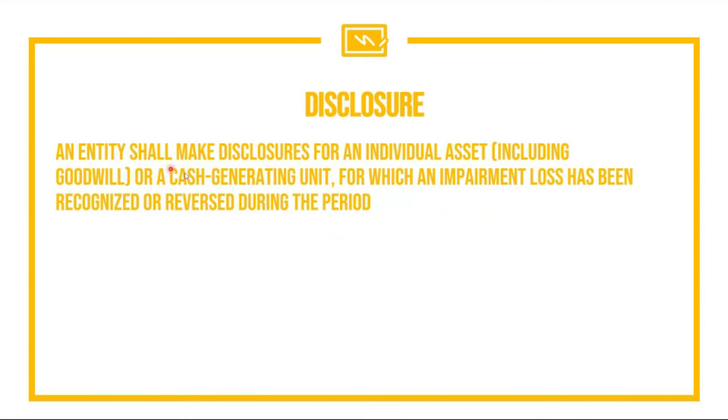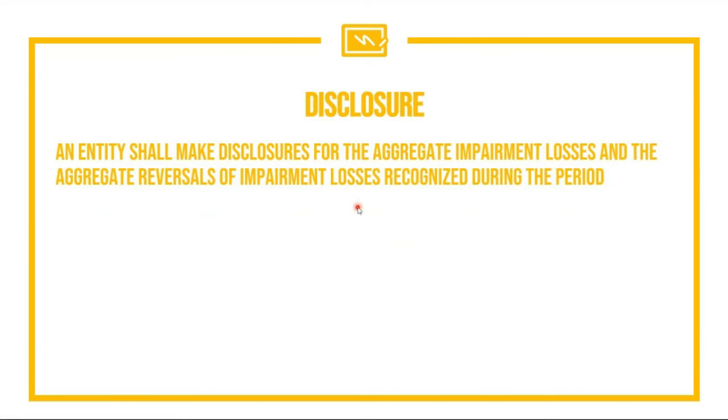An entity shall make disclosures for an individual asset, including goodwill or a cash generating unit for which an impairment loss has been recognized or reversed during the period. So you make the detailed information on the impairment or reversals of impairment for both individual assets and cash generating units.